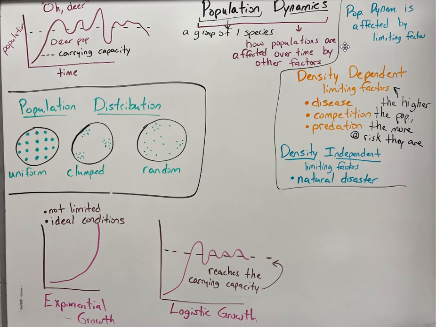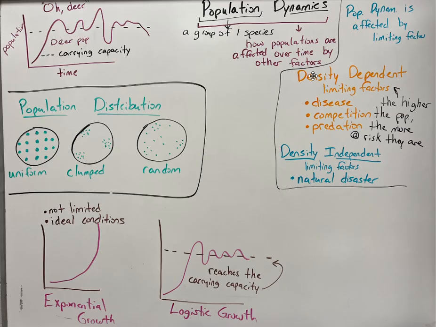I could put salt blocks out. I could put a bunch of things out, but all of those things are trying to increase this little line, this carrying capacity. So if I give them a lot of food, then maybe they can reproduce more, and that increases their carrying capacity.